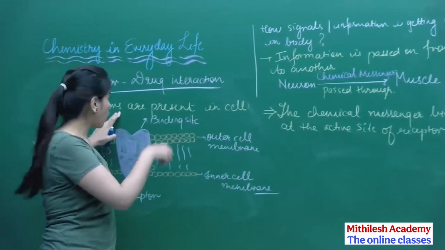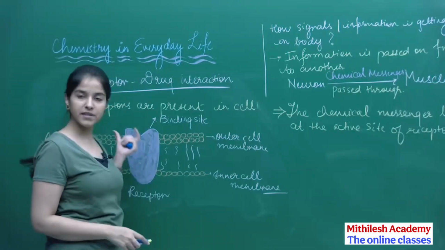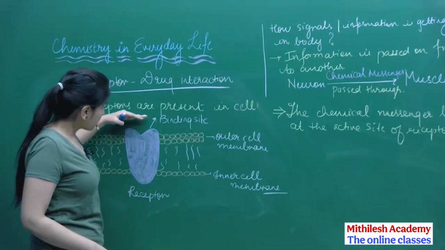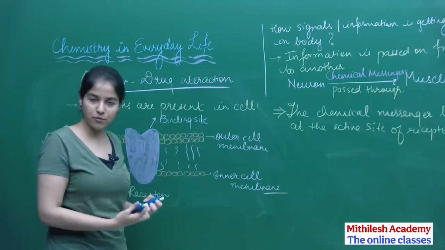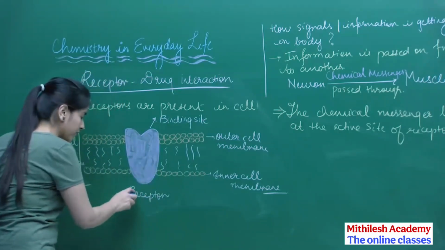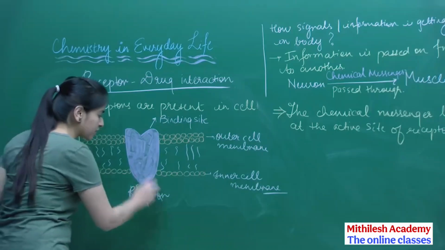The shape of the chemical messenger would be something like this only. So what will happen now? The receptor will receive the information, and it will finally transmit it onto the cell. So here is the cell over here, it is going to transmit the information like such.